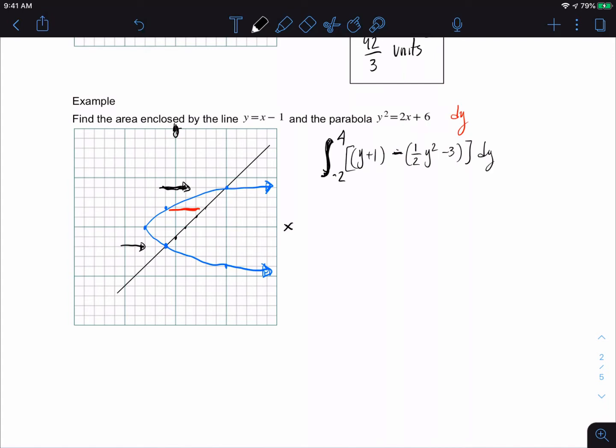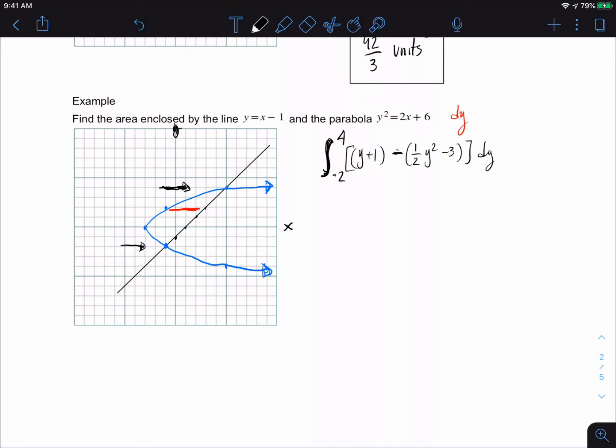And then dy. Do you guys get how I got the two functions? You just solved them for x, right? Yes, that's right. So I solved them for x, so that my equations were in terms of y.